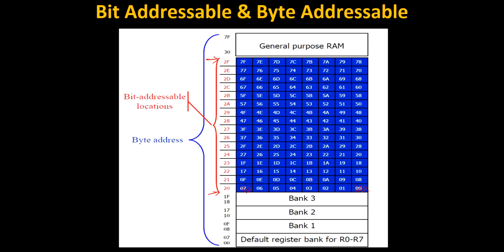So this I can address by bit. I can make this bit as data, set or reset. It means I can make that bit 1 or 0 with respect to that address. Let's have some examples to understand the bit addressable area.